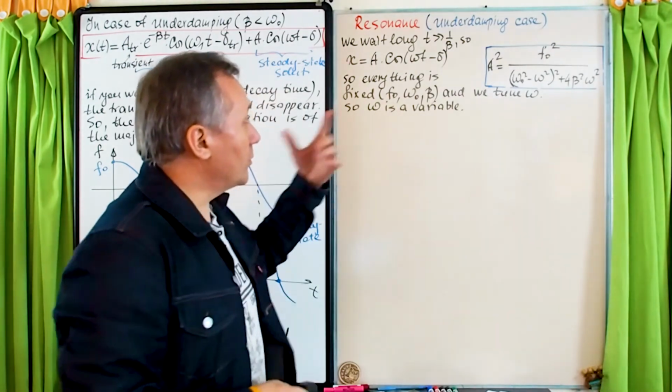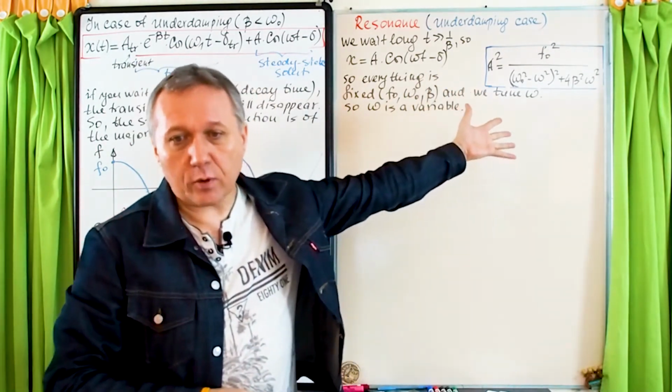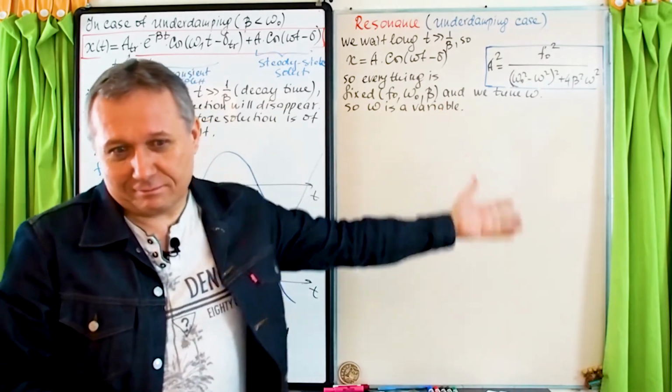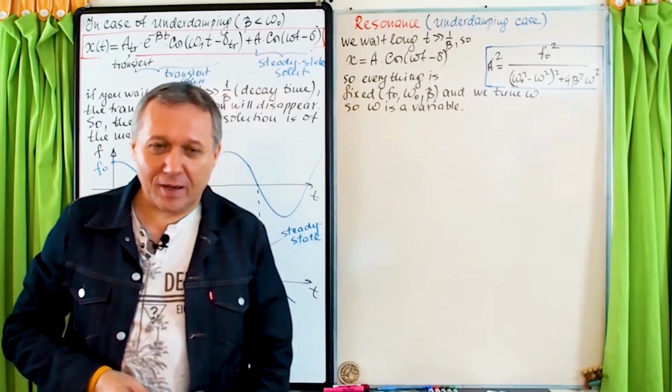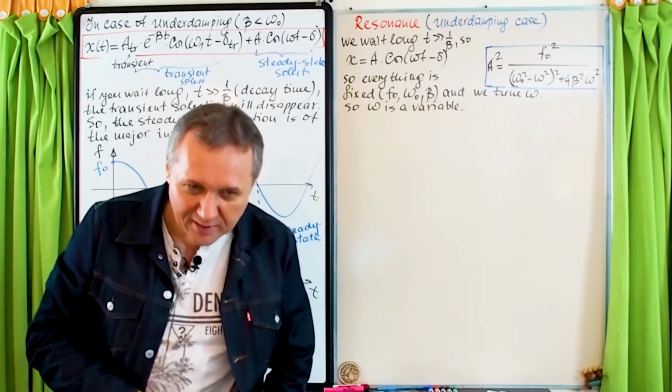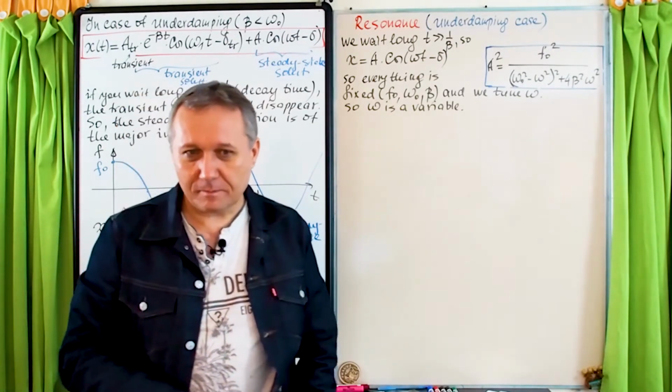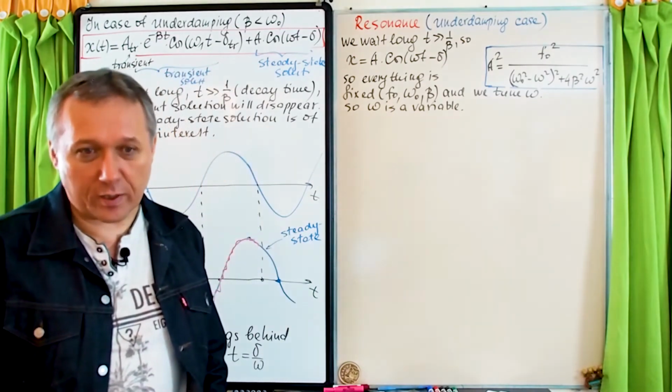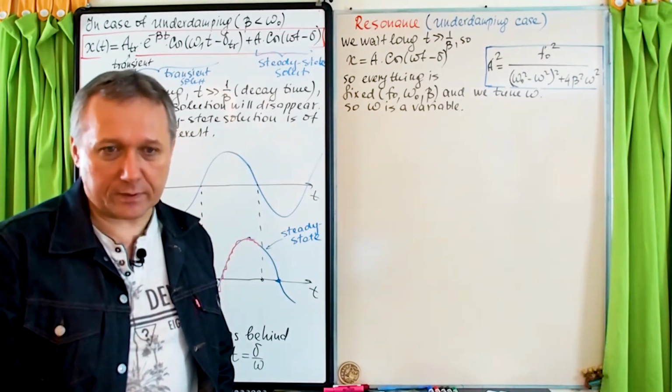So basically this is a function of omega. Finding the maximum of a function, what can be easier than that? Of course, it can be tedious, but strategically it's quite straightforward.